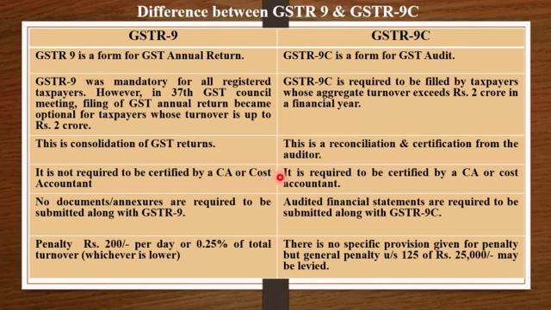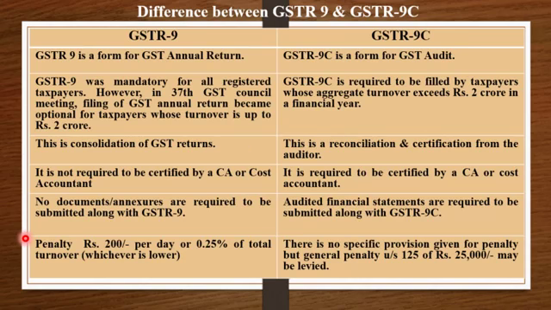GSTR 9C is required to be certified by a CA or cost accountant. Fifth difference is no document or annexures are required to be submitted along with GSTR 9, and here, audited financial statements are required to be submitted along with GSTR 9C.